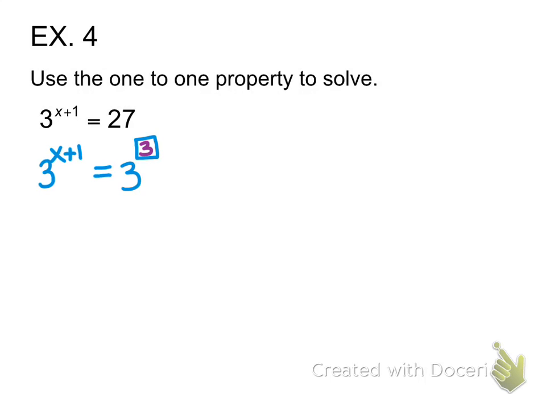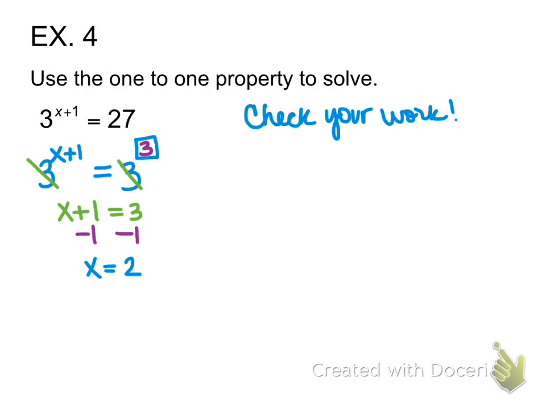So once the bases are the same, you can drop the base and set the exponents equal to each other. So x plus 1 equals 3, and then when I solve, I'm going to get that x equals 2. Okay, well, you always want to check your answer to make sure that works. So we're going to plug 2 back into our equation and check our work.